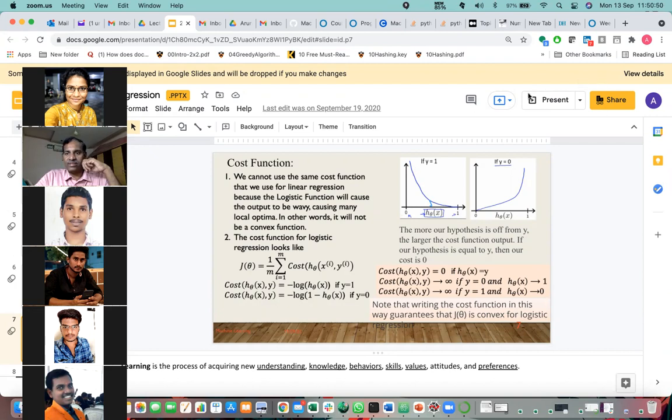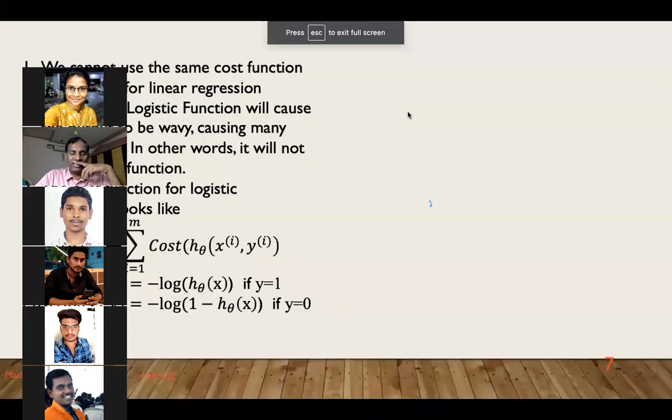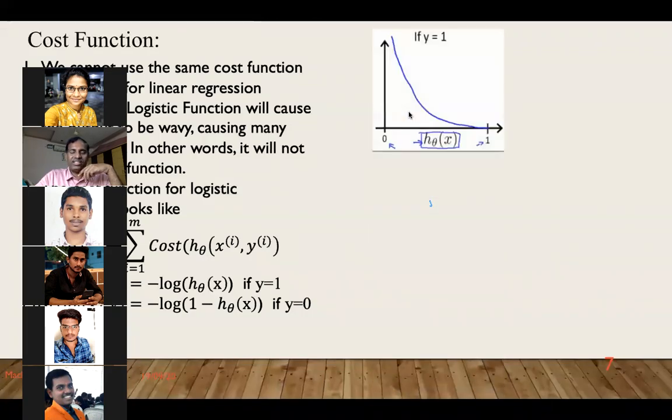Okay. Is it clear now how the cost function is defined here? This cost function is taking care that whenever we are making a huge mistake, then huge cost, less mistake, then less cost. So if it is to be positive, if you say 0.6, 0.7, if you say it is 0, then it is less cost.